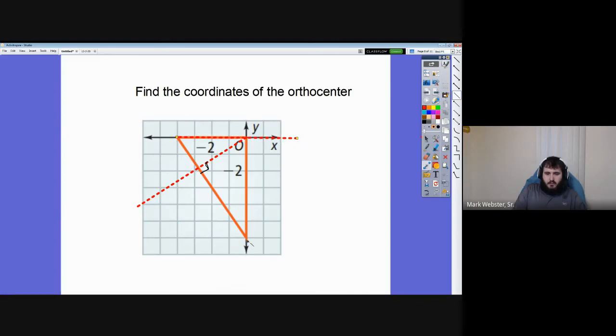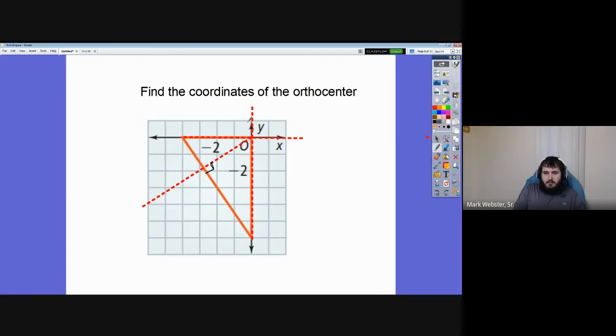And then from this corner, well, this corner is horizontal, so we want a vertical. And look at where everything ends up. Right here at the point 0, 0. And so that's one way of doing it, right? Actually physically drawing it out.